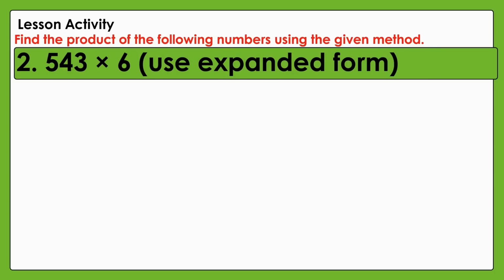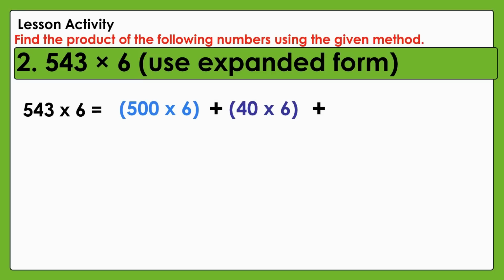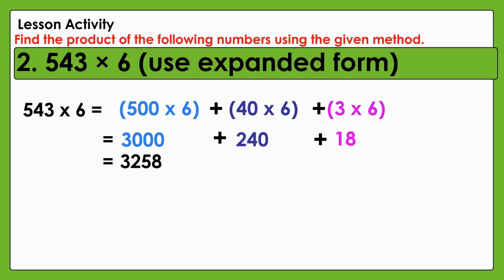Number 2, 543 times 6, use expanded form. 543 times 6 is equal to 500 times 6 plus 40 times 6 plus 3 times 6 equals 3,000 plus 240 plus 18 equals 3,258. Therefore, 543 times 6 is equal to 3,258.